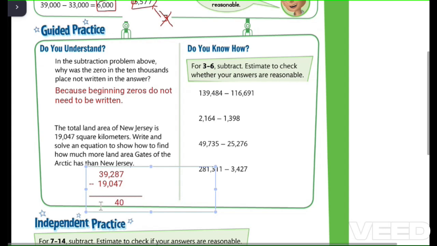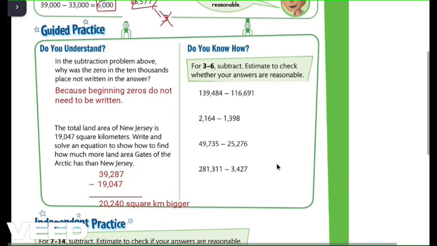We haven't had to borrow or regroup yet. 2 minus 0 is 2. Still no borrowing or regrouping. 9 minus 9 is 0. And in our 10,000s place, 3 minus 1 is 2. So it seems like Gates of the Arctic is 20,240 square kilometers bigger than the area of New Jersey. Okay?